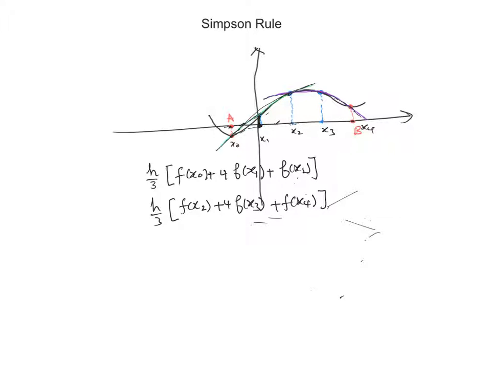And in this case, if we add them up, we get h over 3 f of x naught plus 4 times f of x1 plus 2 times f of x2 plus 4 times f of x3 plus f of x4.